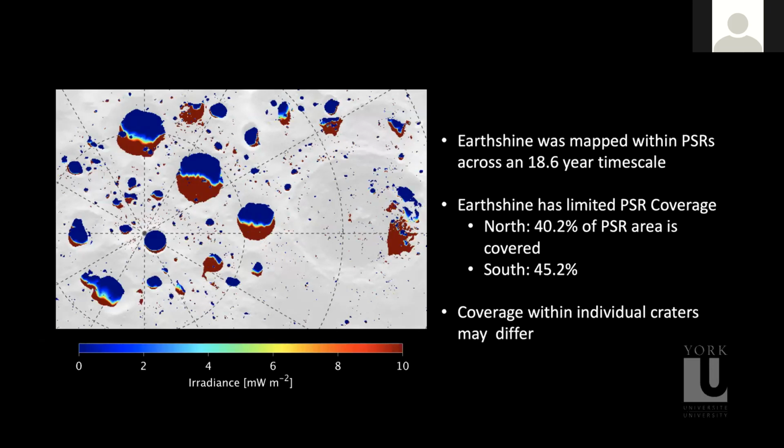In the North Pole, only about 40% of PSRs actually receive earthshine, and that number increases to 45% in the South. But because it doesn't uniformly cover the permanently shadowed regions, or at least entire craters, its utility as a source of illumination for mapping ice within these areas is severely limited.